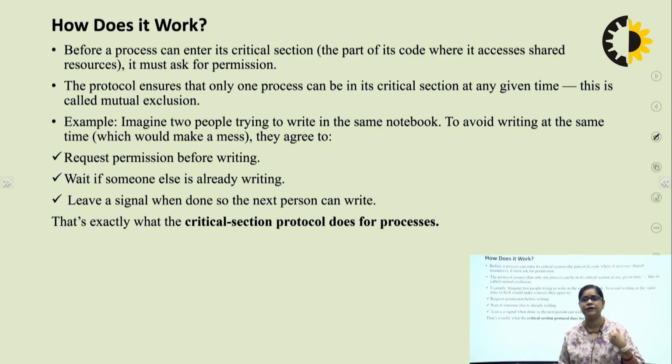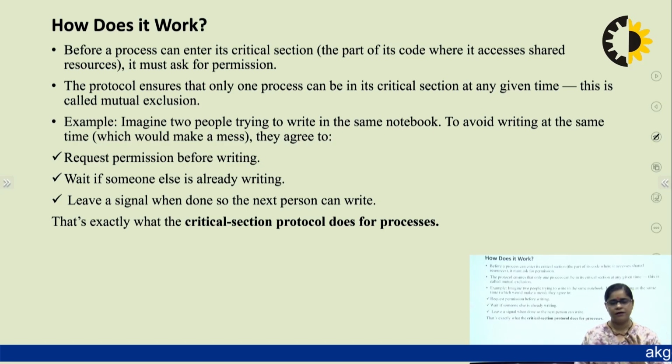No, you have to take permission. So before entering the critical section, a process has to take permission, and the protocol ensures that only one process enters. You have understood that it must ask for permission.